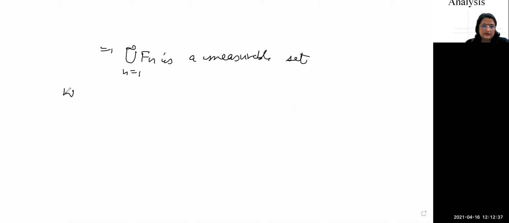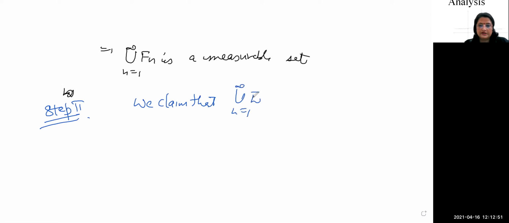Now, step number 2. We claim that union n running from 1 to infinity En is equal to union n running from 1 to infinity Fn. दोनों क्या है? सेम. यानी एक बार ये पूरा सेट इसके अंदर कंटेन होगा.